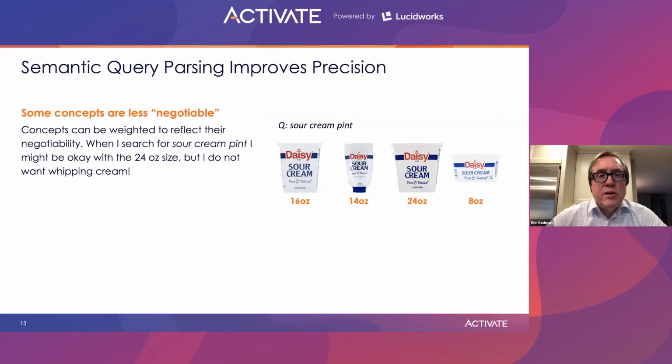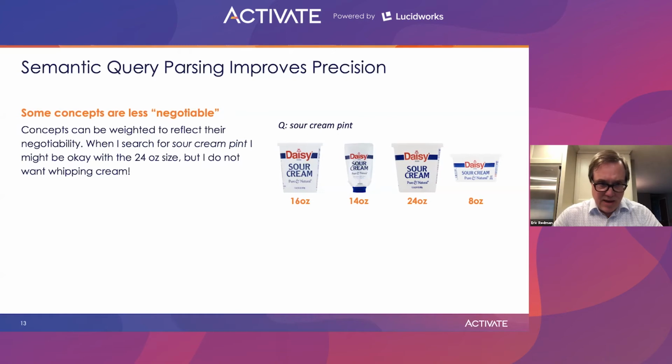And so what can we do with semantic query parsing? Well, since we're able with semantic query parsing to identify concepts in a query, I say mentions of concepts in a query, we can do some special processing for different concepts.